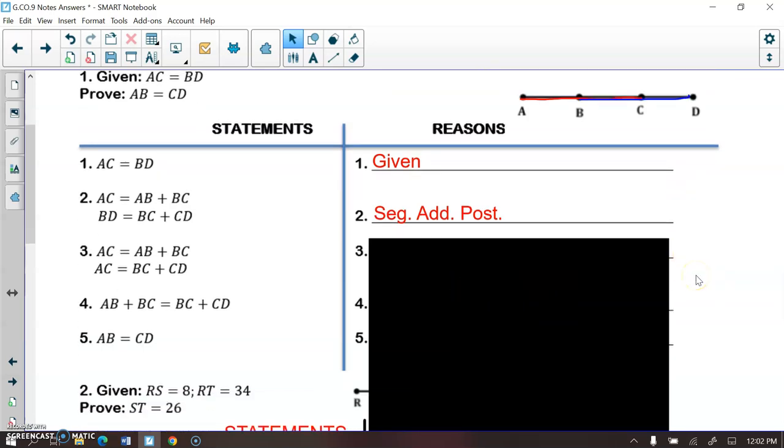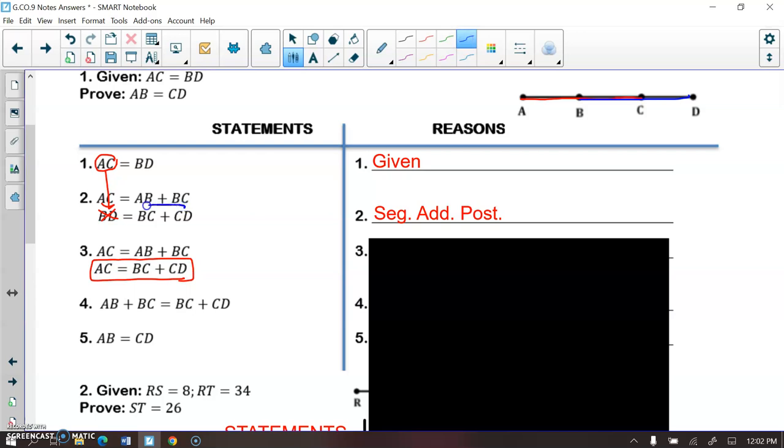But now if we look at these two equations and what we were given in step 1, we have AC equal to BD. So I can take AC and substitute it in for BD to get AC is equal to BC plus CD.